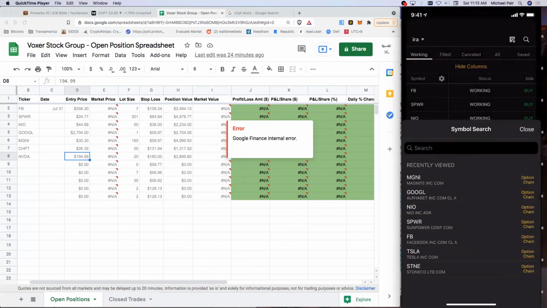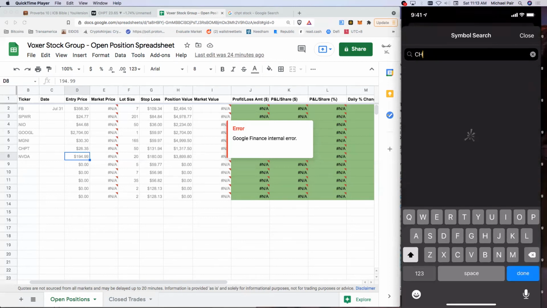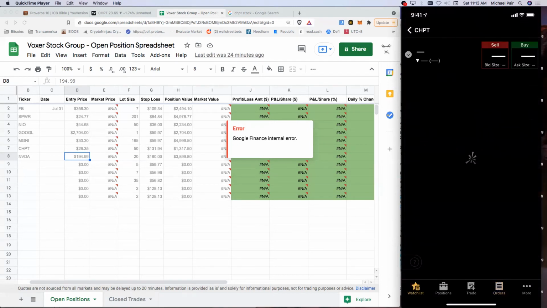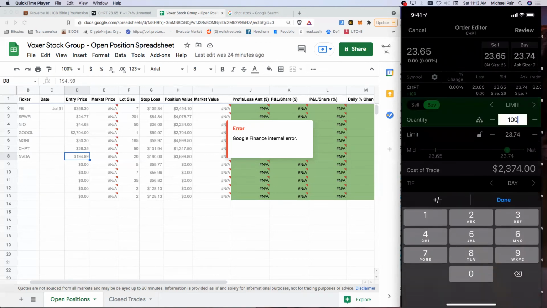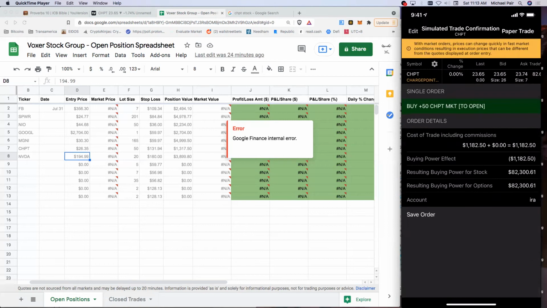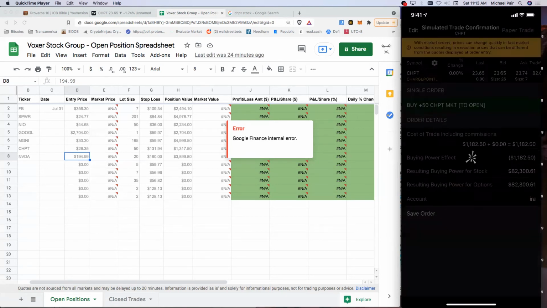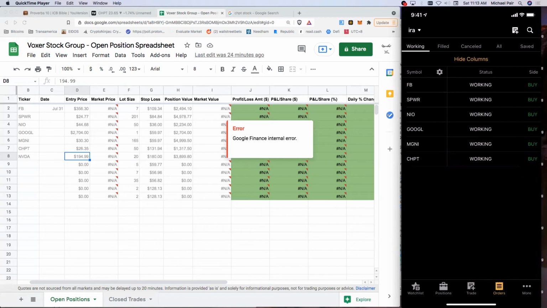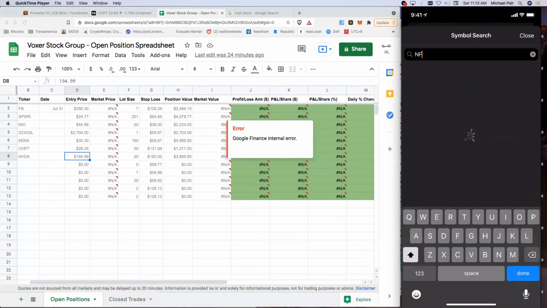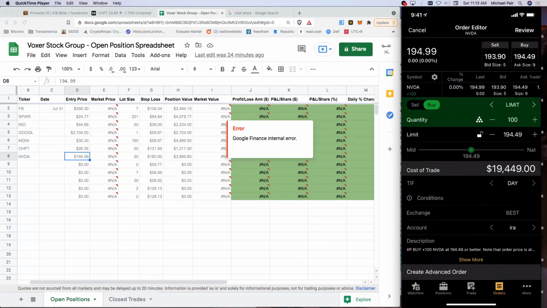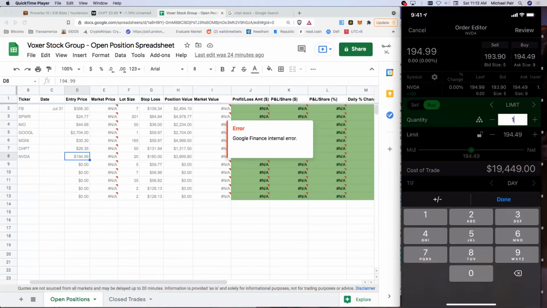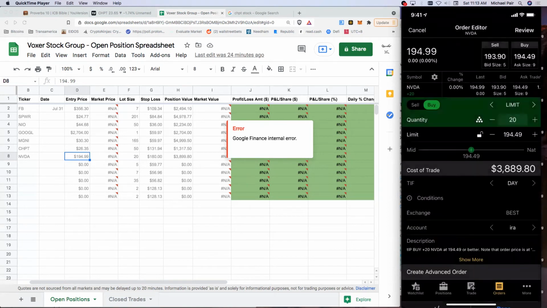CHPT. Okay. Buy. How many shares? Siri wants 50. All right. Market. Review. Buy 50 shares to open. Market. All right. Last one, NVIDIA. Okay, NVIDIA. 20 shares. 20. All right. Market.